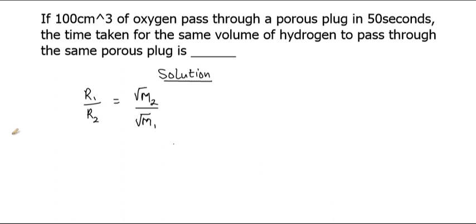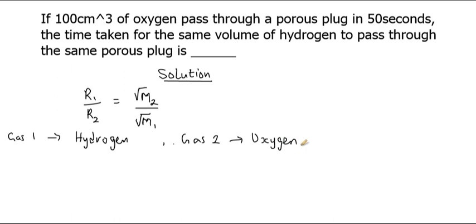So here I will state that gas 1, that is the first gas, is taken to be hydrogen gas, and the second gas, I can take to be oxygen. It can be done vice versa. I can also take my first gas to be oxygen and the second gas to be hydrogen. We'll still have the same value. So now taking the first gas to be hydrogen and the second gas to be oxygen, let's proceed.